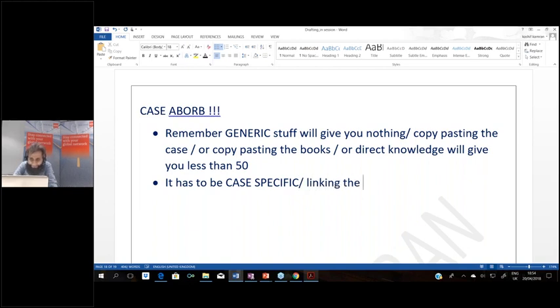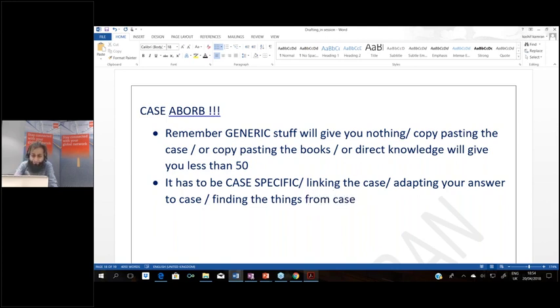Linking the case, adapting your answer to the case, finding things from the case, and justifying them. So absorption of the case. Let me illustrate one thing for a better understanding, if I take you to one past paper just to demonstrate what I'm trying to say.